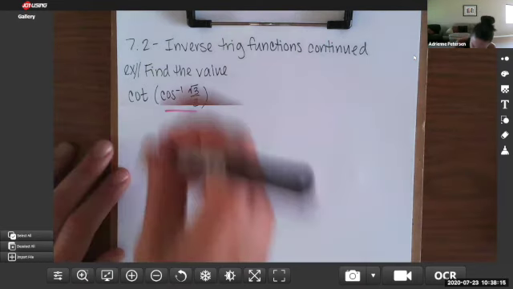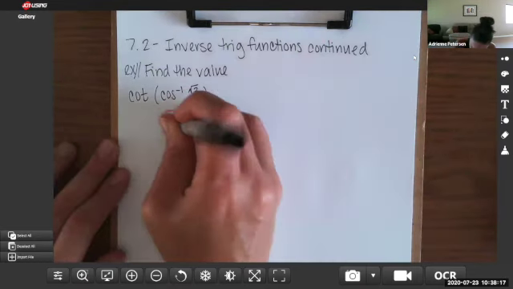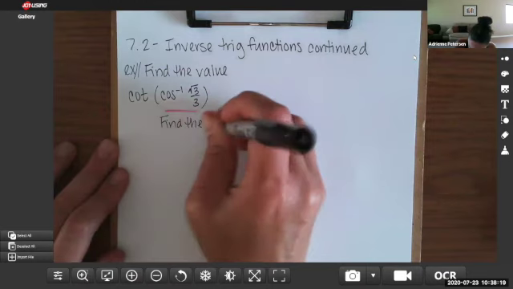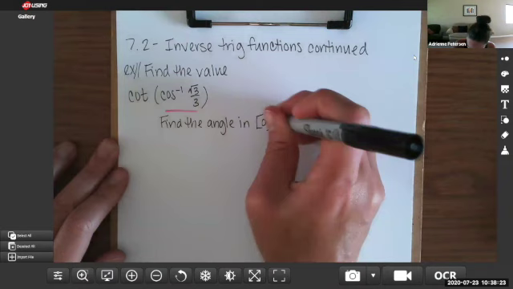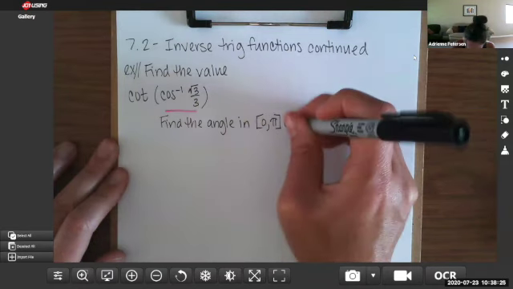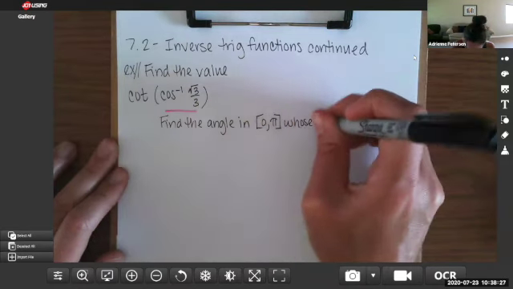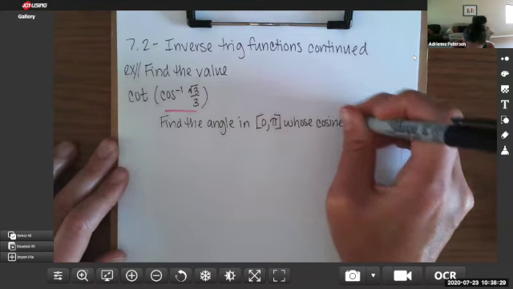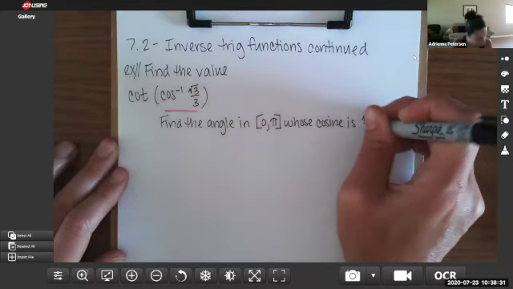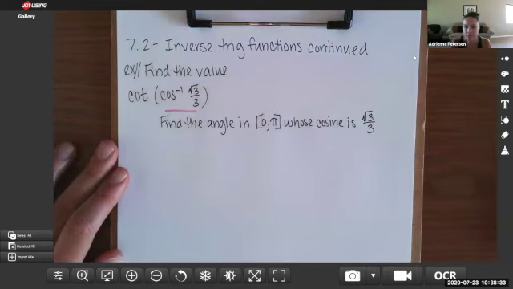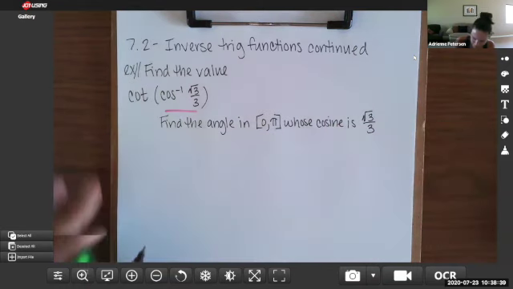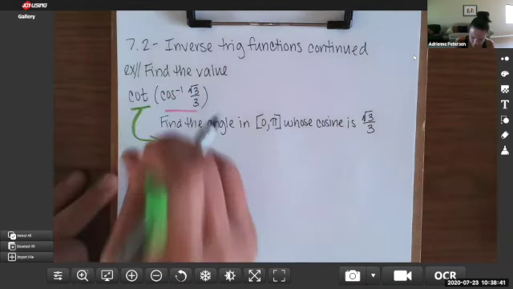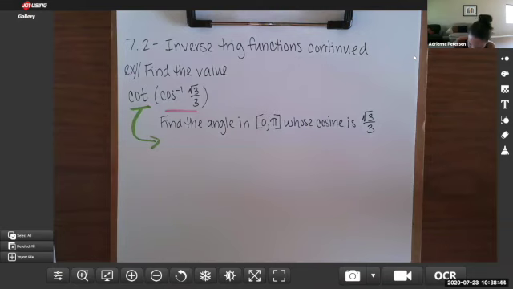This asks us to find the angle in our restriction for inverse cosine, which was 0 to pi, whose cosine is square root 3 over 3. Once we find that angle, our second step is to now find cotangent.